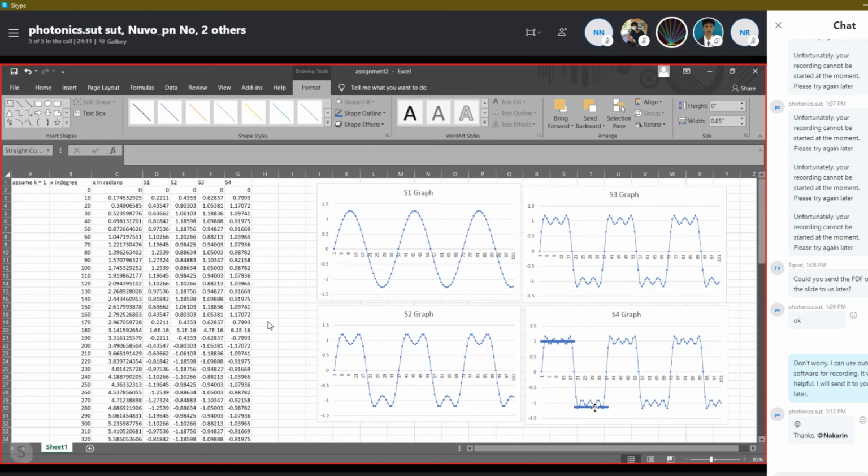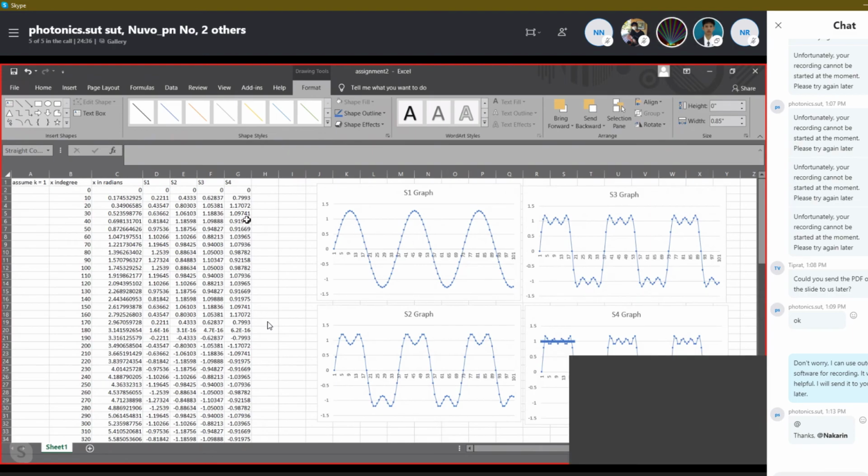I see the trend of the graph, it should become like what you show us. But you didn't try with S5 or S6? No, I didn't try. Okay, thank you very much.